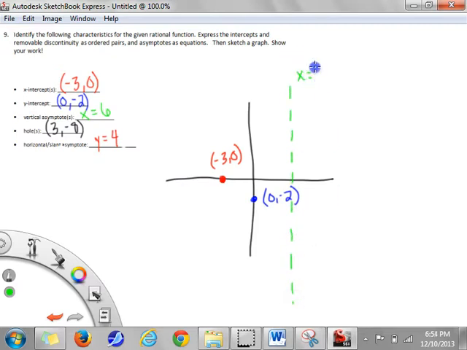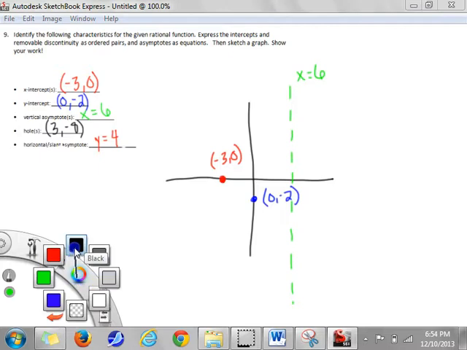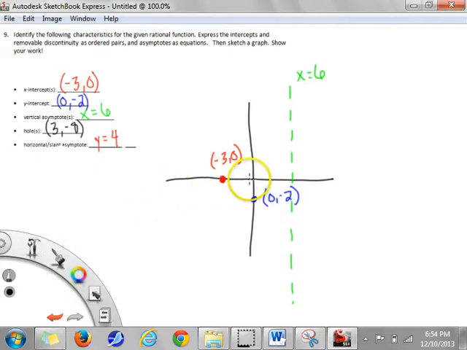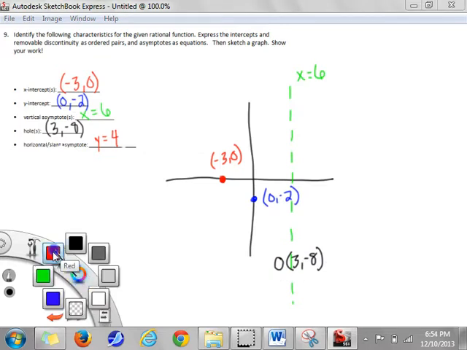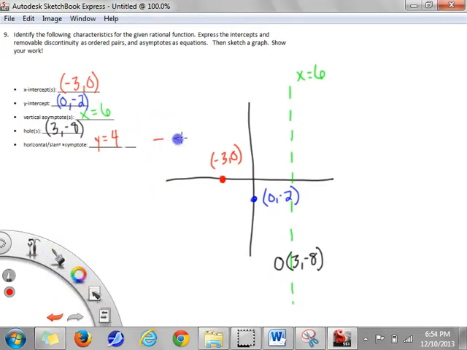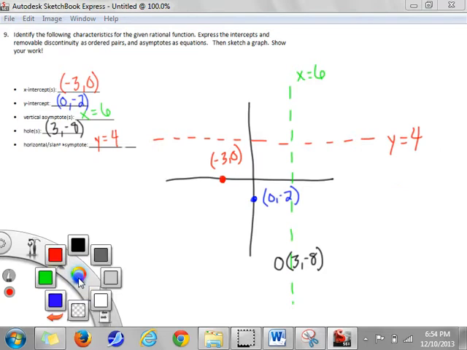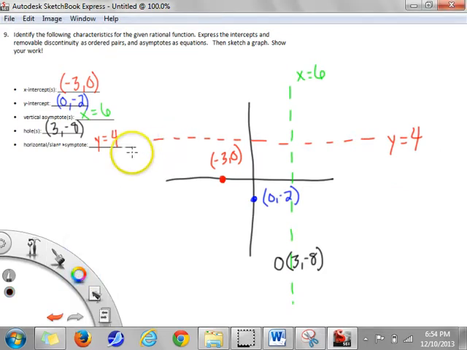That's x equals 6. And we've got a hole at 3, -8. 3 down 8. That'd be like down here somewhere. And a horizontal asymptote at +4. Y equals 4.